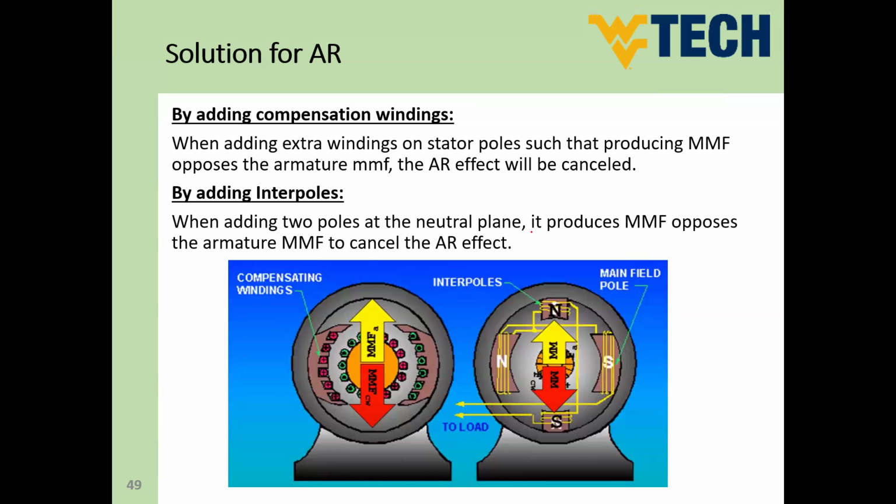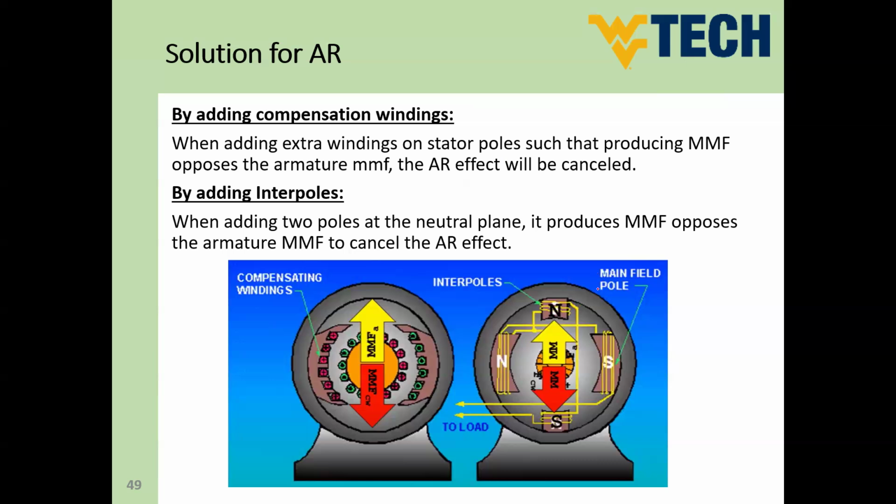What will happen if you don't consider this armature reaction? The neutral axis of the machine is going to have a slope, so it is not going to be in the middle of the commutator, and this actually makes sparks and reduces the lifetime of the brushes.